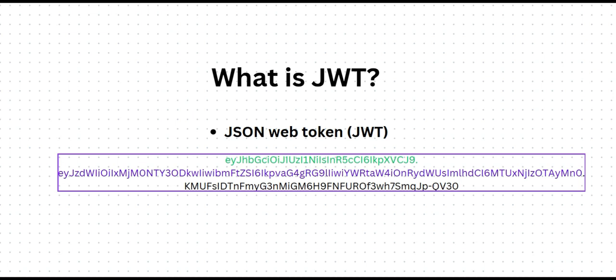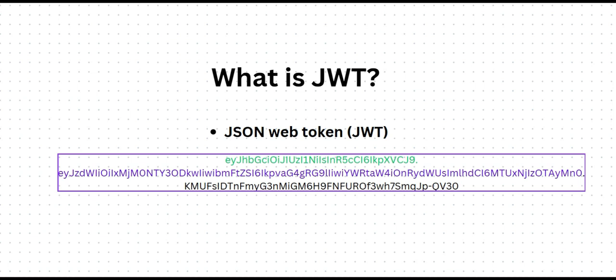The first portion is in green, the second portion is in blue, and the third portion is in black. So this JWT token is divided into three parts. Basically JWT is a compact URL safe token used for securely transmitting information between a client and server. It is widely used for authentication.